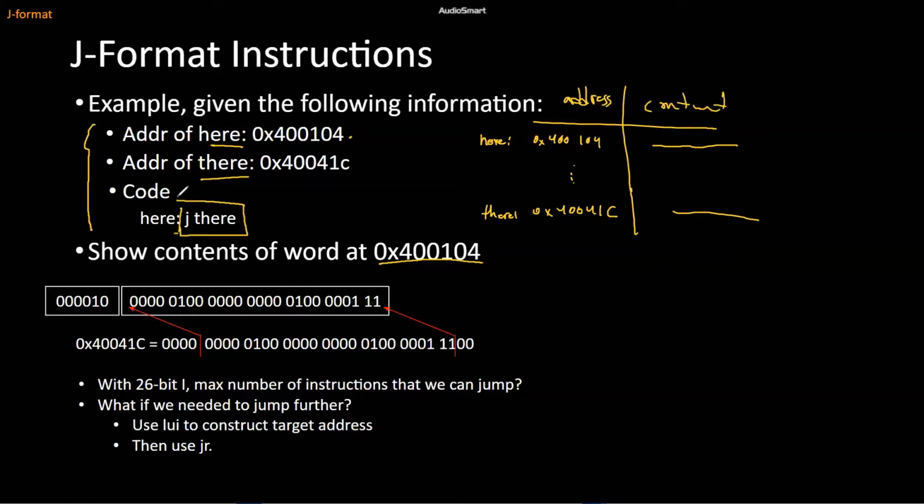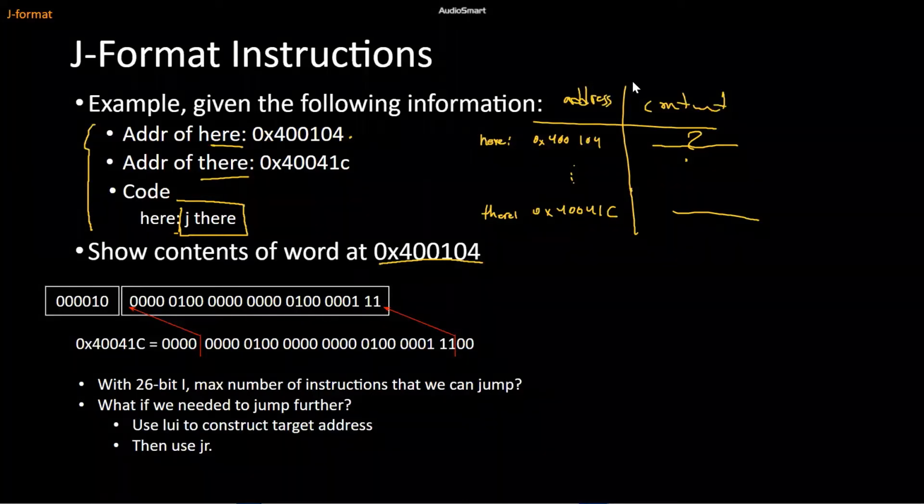Showing the content of this memory means we want to know what is on this location, and that's of course the assembled version of this instruction, because that is this address. Okay, so first we have to know what the jump is. We are going to look at the table, so let's go to the next slide.